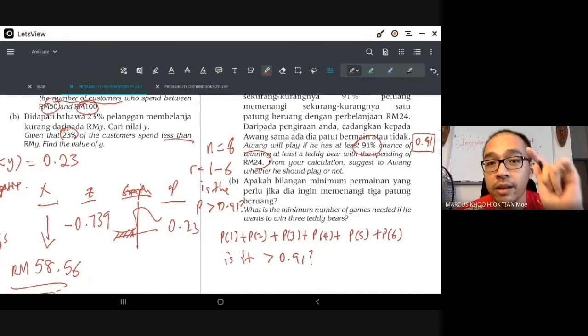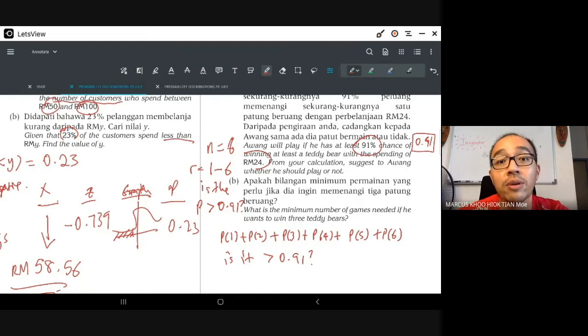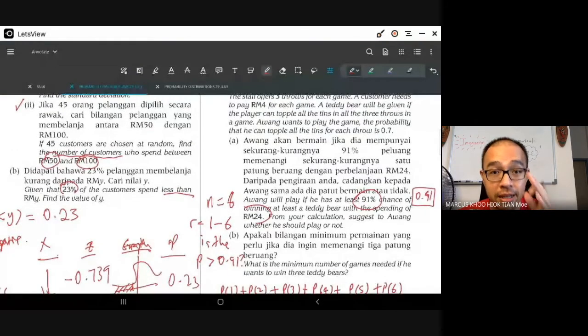The problem now is, what is our p? Our p is, he must get a teddy bear. A teddy bear means 3 times he must knock down everything. Every time he knocks down is 0.7.